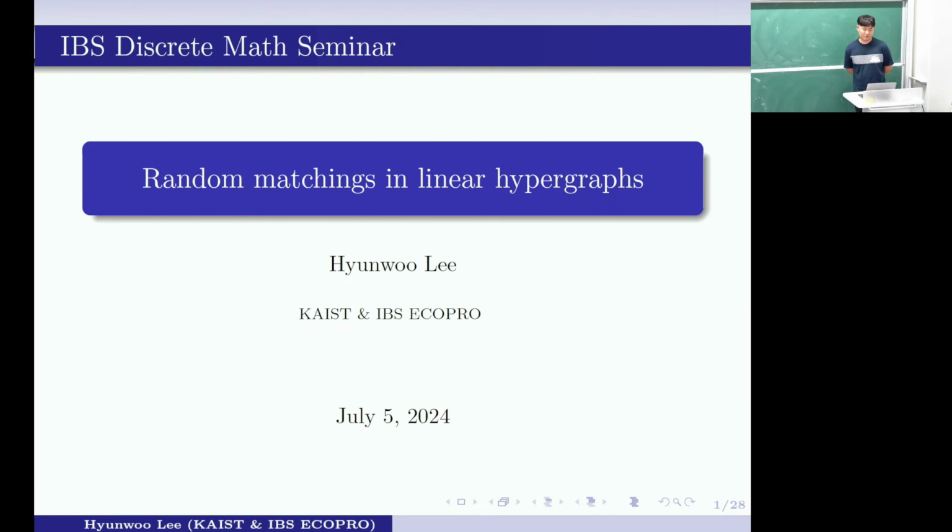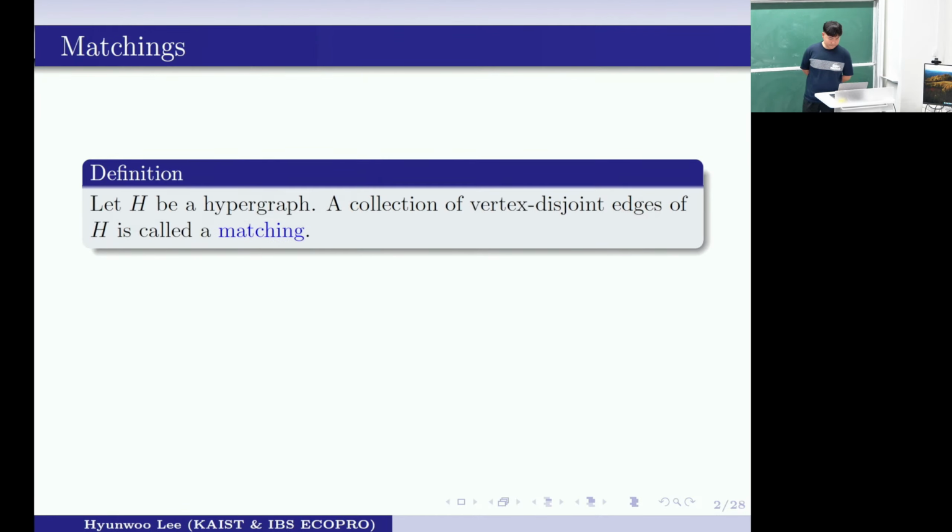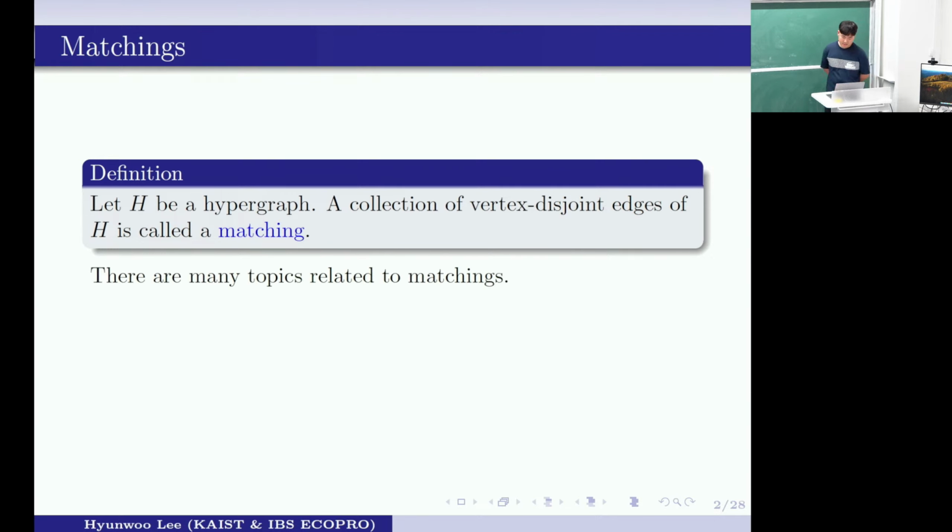I'm very happy to share my research with you. I think most of you will know the definition of a matching. A matching is just a collection of vertex disjoint edges in a graph or in a hypergraph. I think the matching is one of the most central objects in combinatorics.